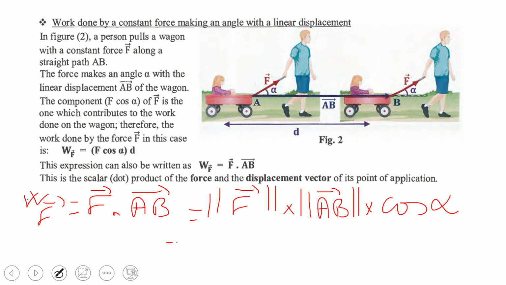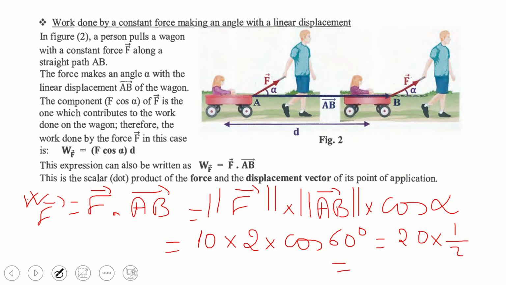For example, if the exerted force equals 10 Newton, the displacement is 2 meters, and the angle alpha is 60 degrees, then 10 times 2 is 20, cosine 60 is half, so the work equals 10 joules. The work done by the pulling force exerted by the man on the cart is 10 joules.